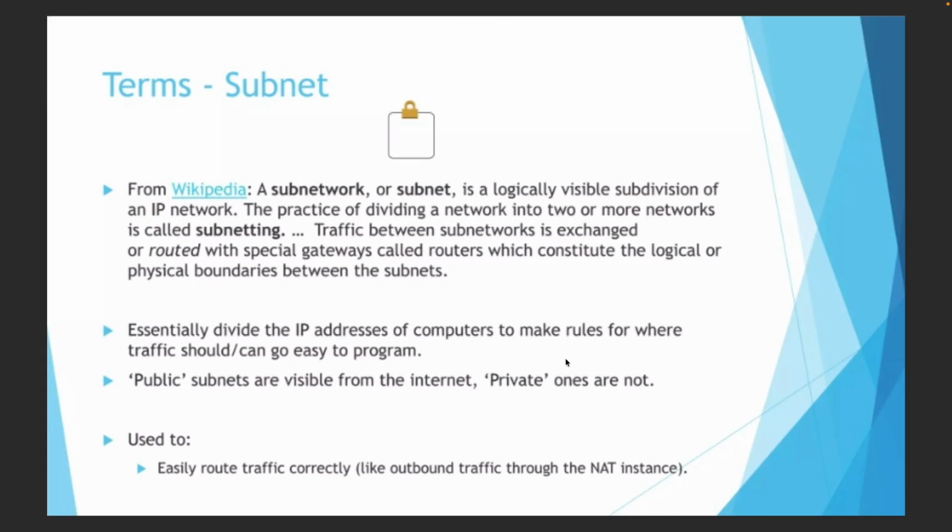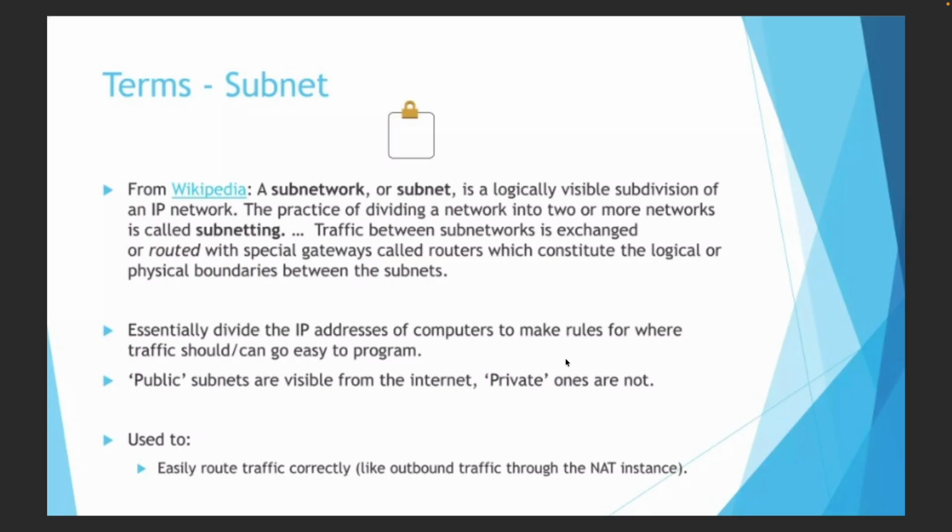Let's clarify what a subnet is. A subnet is a logically visible subdivision of an IP address. I'll say that again. A subnet is a logically visible subdivision of an IP address. When you divide a network into multiple networks, this is called subnetting. Traffic between subnets is routed through routers, which form the boundaries between them.